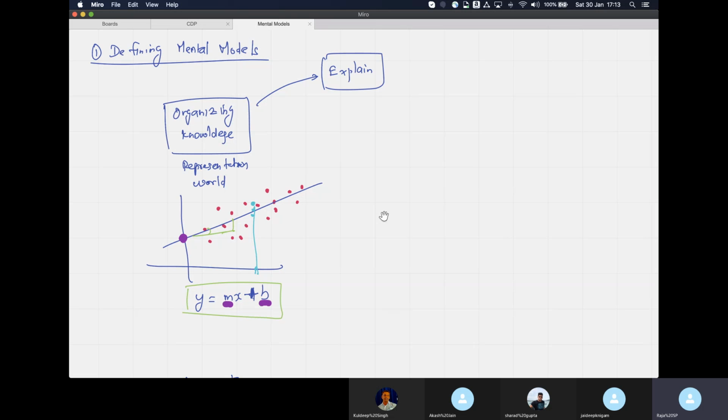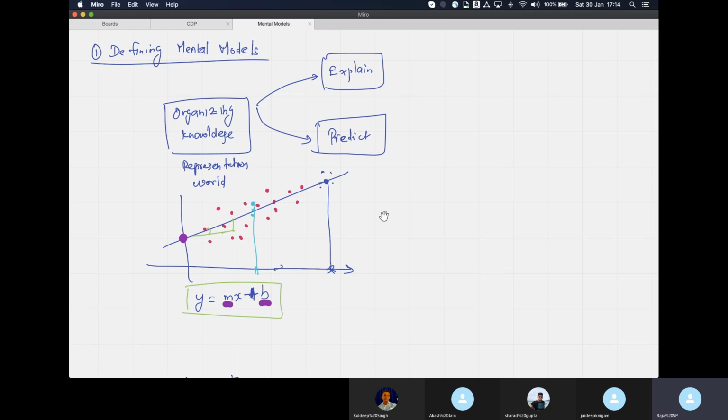That's the most important aspect of mental models. It's going to help me to predict. If in the future I encounter some value of X which I have not seen, because of this model I'm able to find out that for this X, Y could be somewhere here. That's the whole point about predicting.